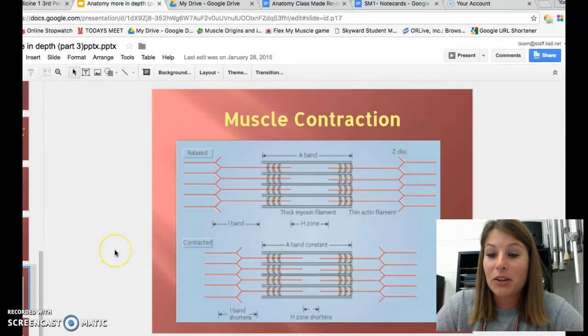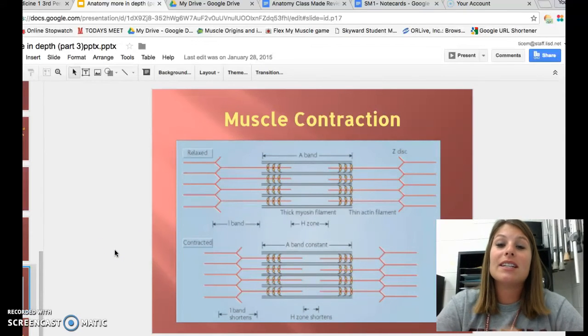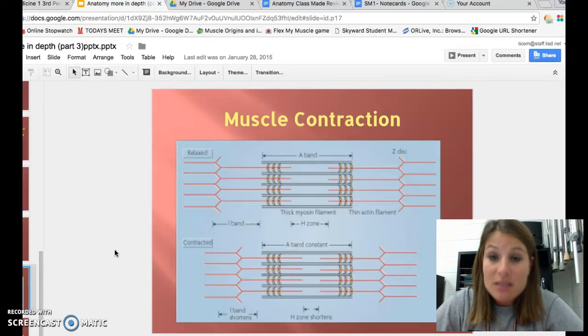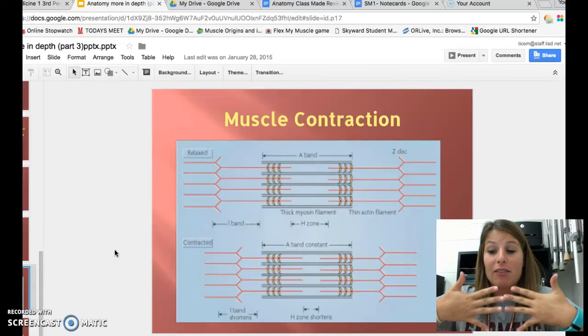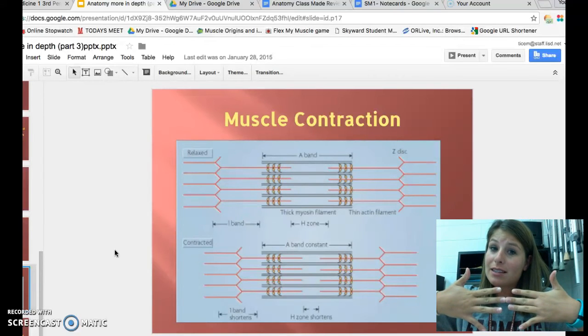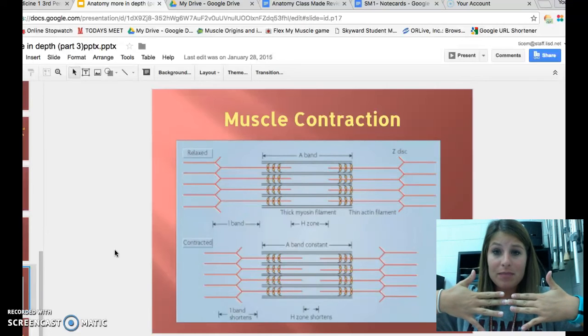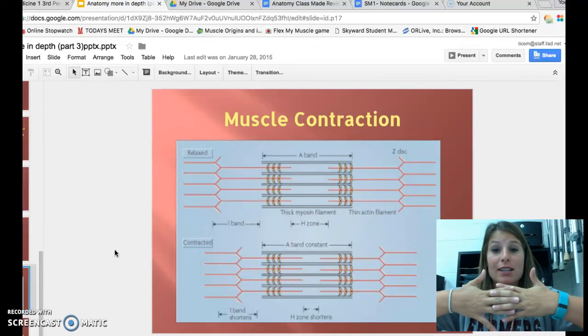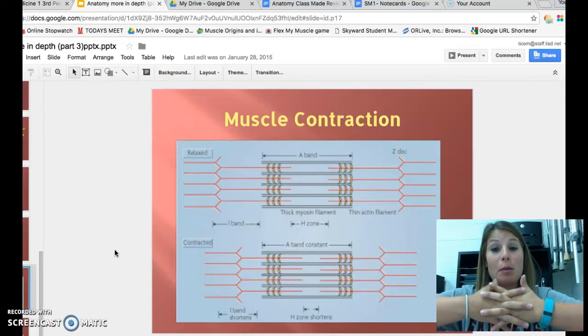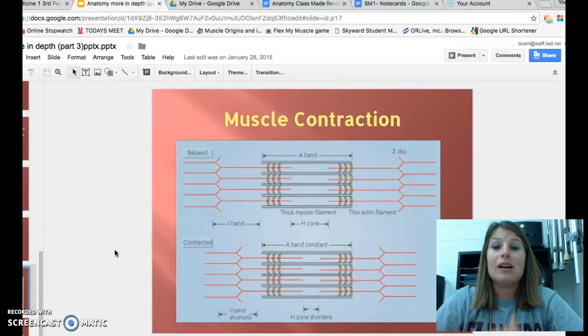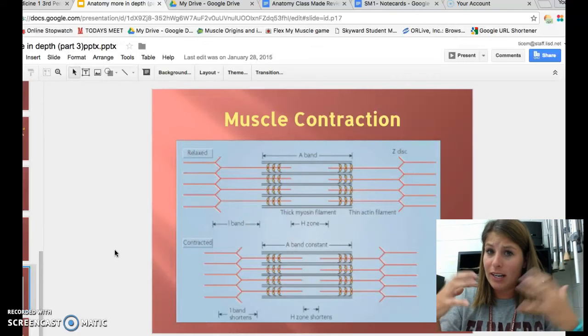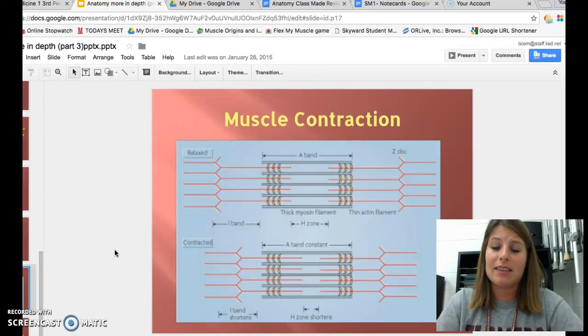This is what I really want you guys to remember. So we talked in Anatomy 2 about muscle contractions. Remember, when our muscle fibers are relaxed, they are all the way lengthened, and then once they start contracting, they start to run on top of each other. That's where we get muscles that get bigger and expand up instead of lengthening out.